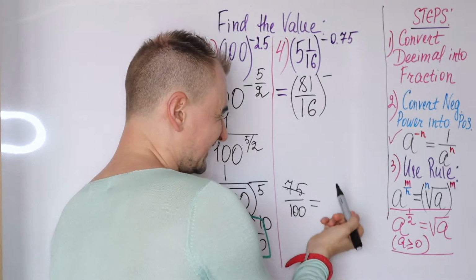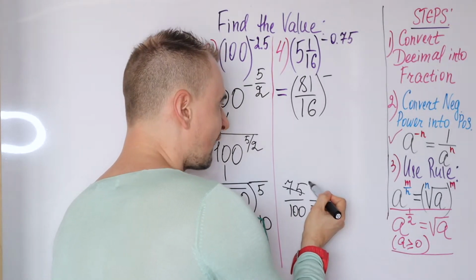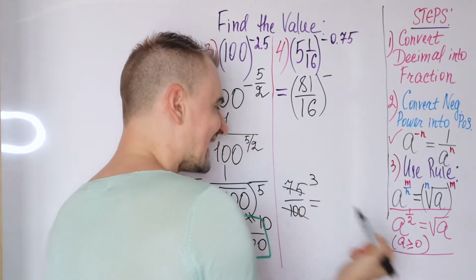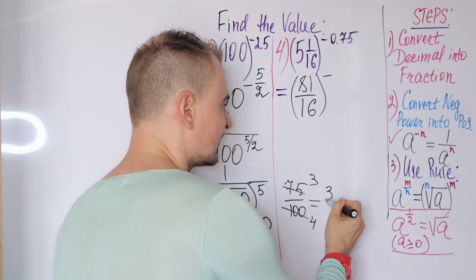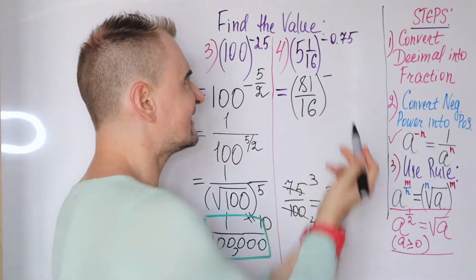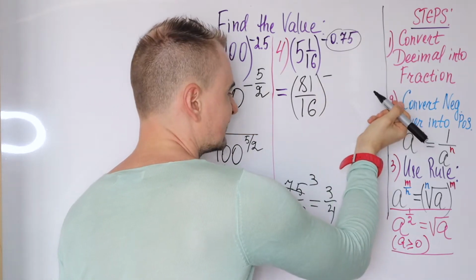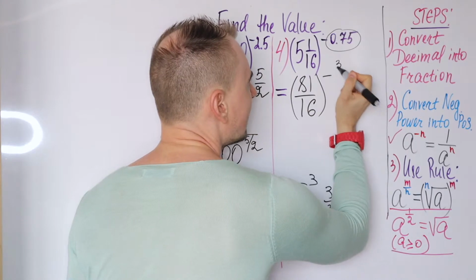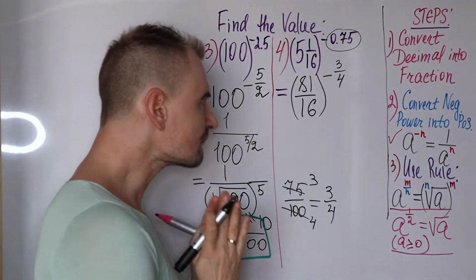It can be reduced by 25. 25 fits into 75 3 times, and 25 goes into 100 4 times. So you would be left with 3/4. That's precisely the same thing as this negative 0.75. So you are left with 3/4. That's your power.